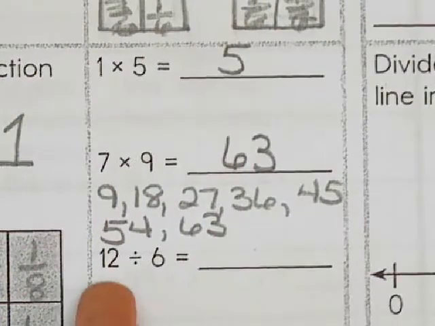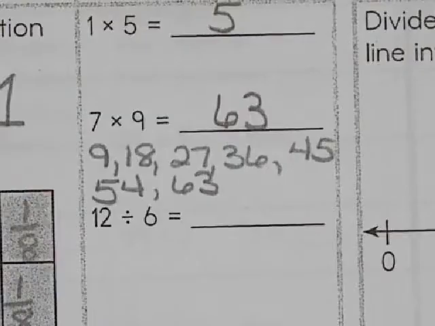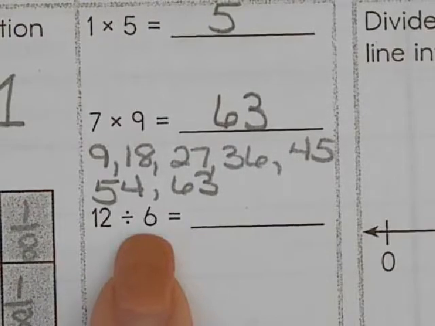Now with division, we have our dividend, which is our total number of objects, and our divisor, which tells us how many groups we have.